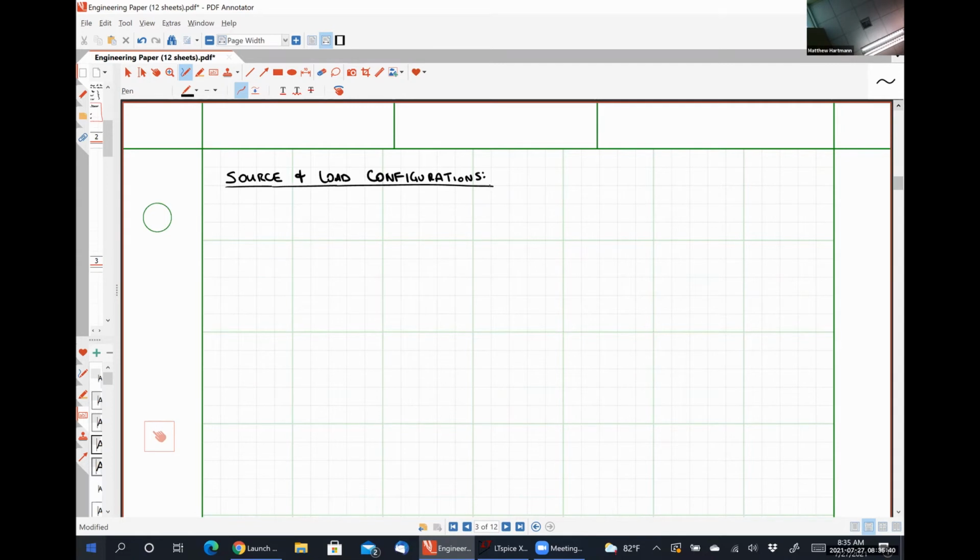So the first one that we are going to talk about is what is called the Y-connected source. You may see it as WYE, or you may see it as the letter Y in texts.